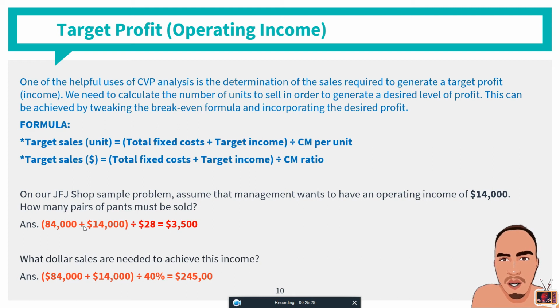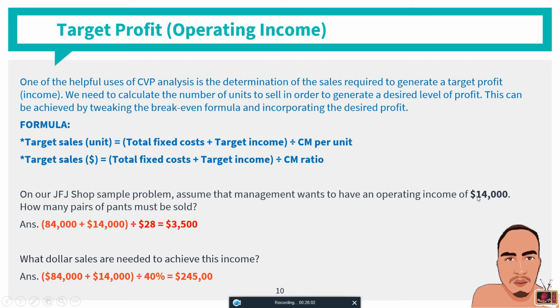Our break-even pairs or units is around 3,000. So from 3,001 upwards, we are starting to accumulate an income. But how many pairs of pants must be sold for us to achieve our target of $14,000?